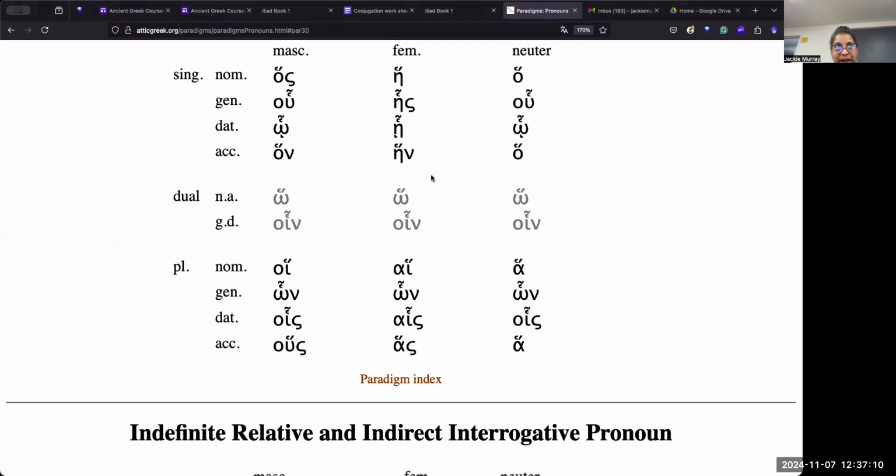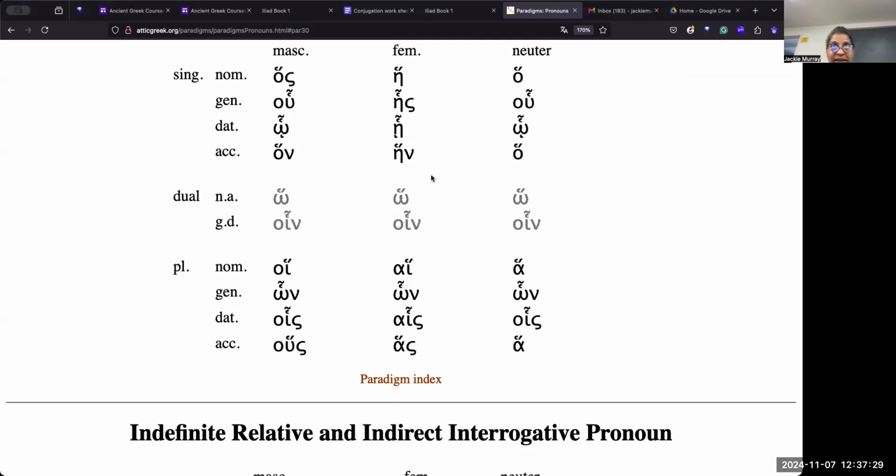So the first thing I did last time was, first of all, point out that in terms of declining the relative pronoun, it's not going to be an issue because it is an omicron-eta declension pronoun. So the endings are the same as the article, and it looks a lot like the article, in fact.